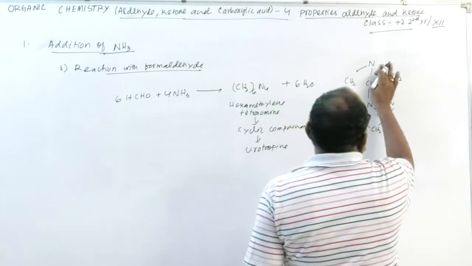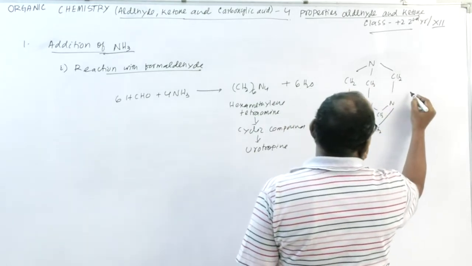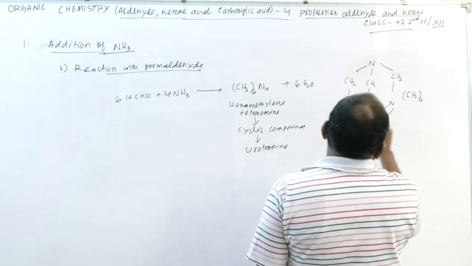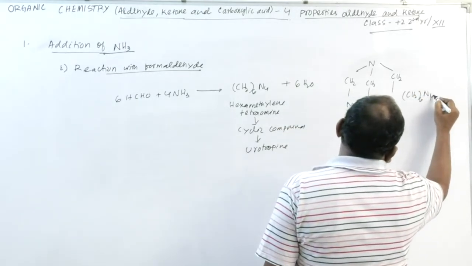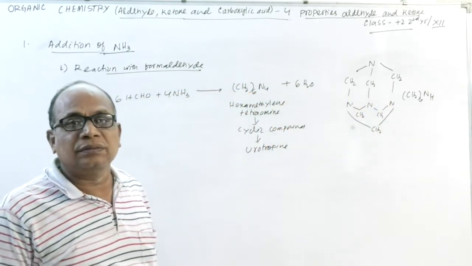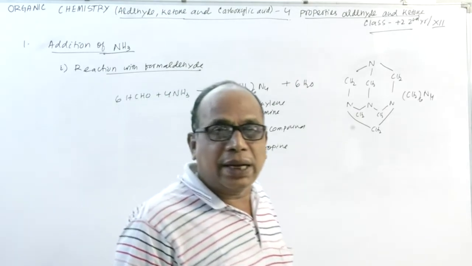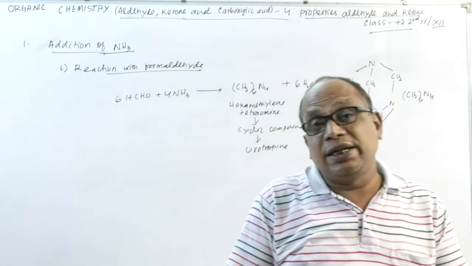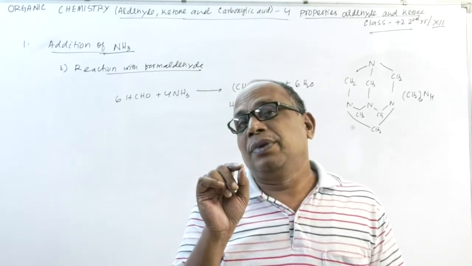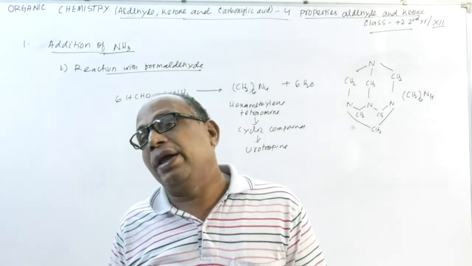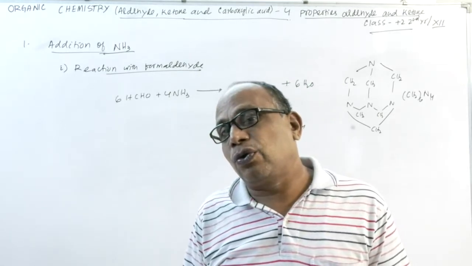Okay, this is the structure of urotropin: 1, 2, 3, 4, 5, 6, that is hexamethylene, and 1, 2, 3, 4, this is tetraamine. This is what happens when formaldehyde is treated with ammonia solution to form a cyclic compound, hexamethylene tetraamine, which is known as urotropin.